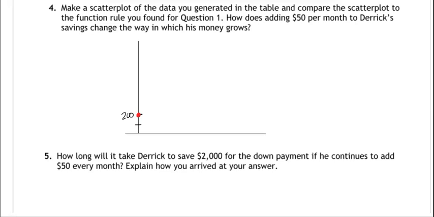So here's 100, and this would be 3, 4, 5, 6, 7, 8. So just putting some of these numbers on here. So 2, 3, 4, 500, 600, 700, 800. Okay, so I've got that.